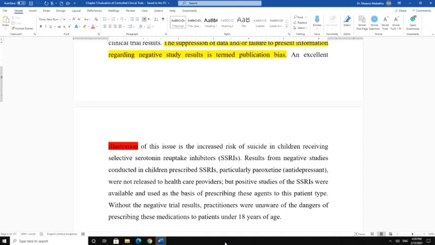The physicians were not aware. They were only aware of positive results from SSRIs, so they were prescribing these agents to children. Later on, they discovered that there is a danger to children when such a drug is prescribed. So here we have suppression of negative data. The article is published but without telling anything about the increased risk of suicide in children.